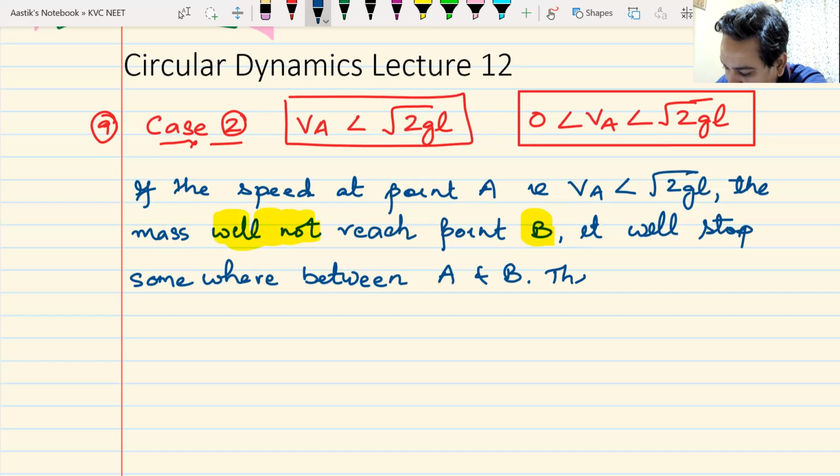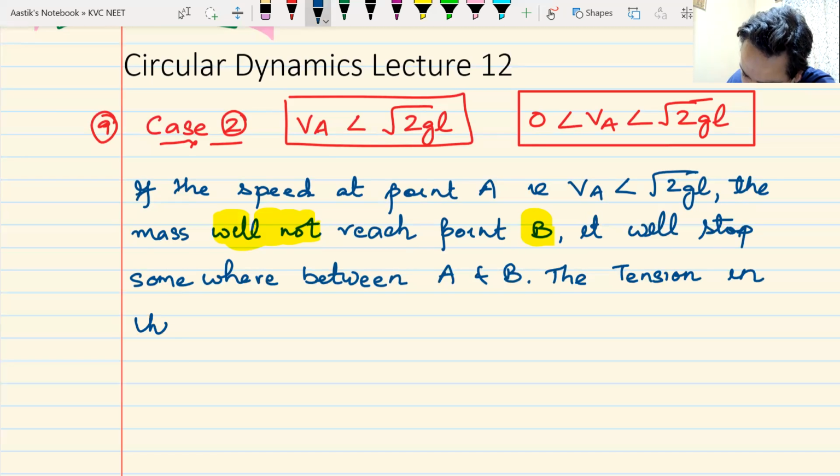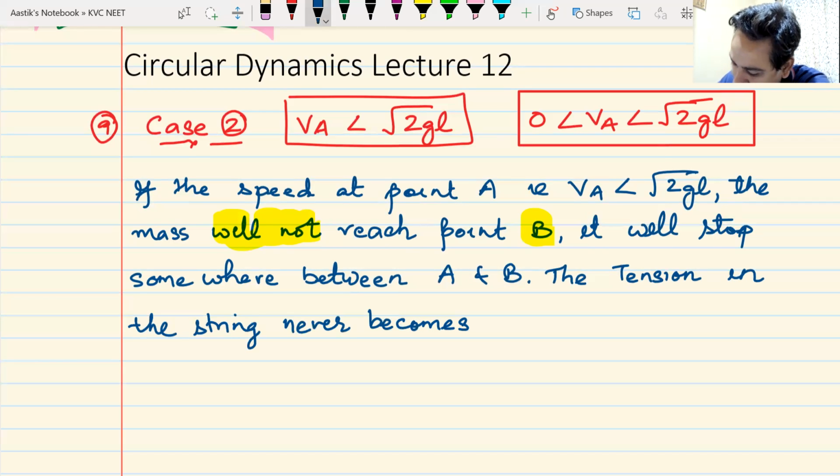The tension in the string never becomes zero. And I hope everyone is noting it down.